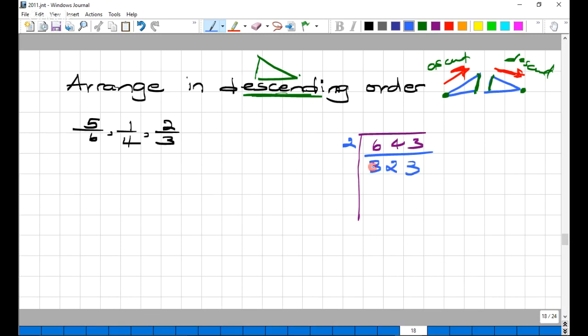Do we need to use 2 again? Yes, we need to use 2 again. 2 into 3 won't go exactly, so we write back 3. And 2 into 2 one time, and 2 into 3 again, we write it back. What do I do now? 3. Okay, so 3 into 3 is 1. Write back our 1, 3 into 3.